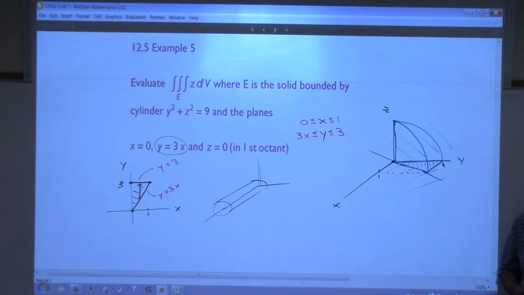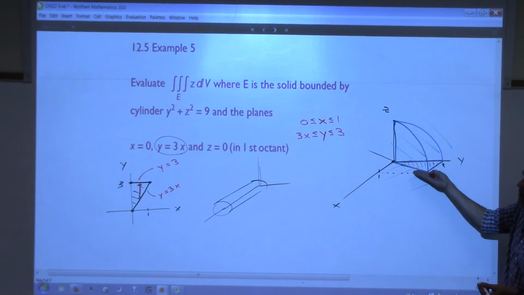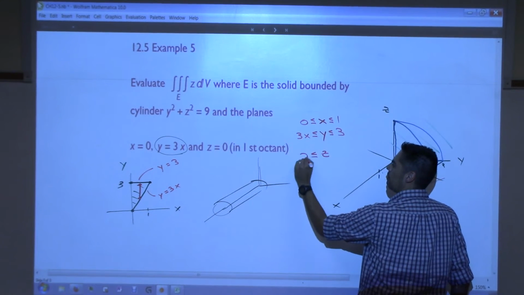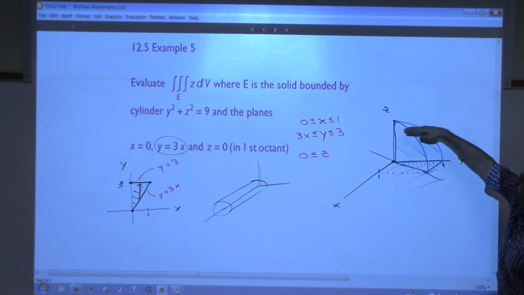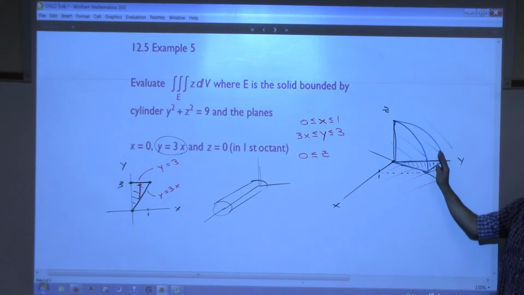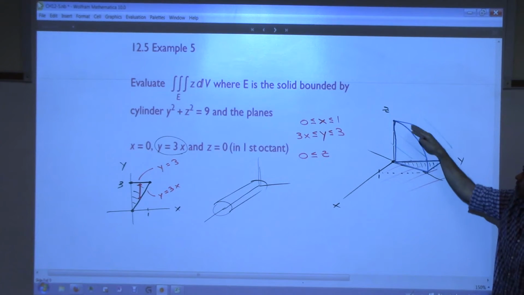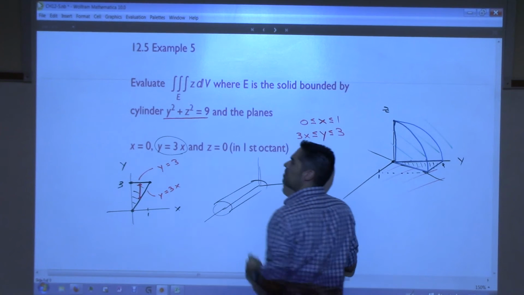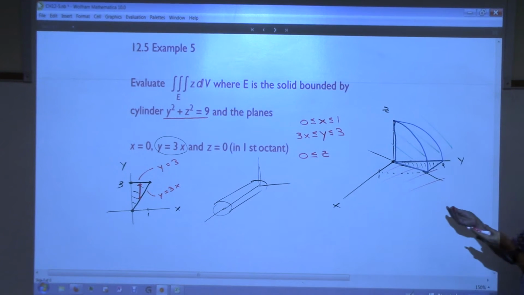And the last thing now is my restrictions on z. So the bottom of this solid is 0, isn't it? And the top is this part of the cylinder, isn't it? So the cylinder equation is here. You have to take that and solve for z.